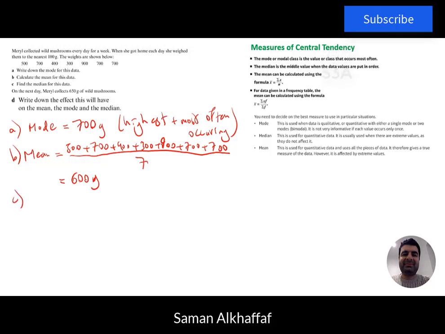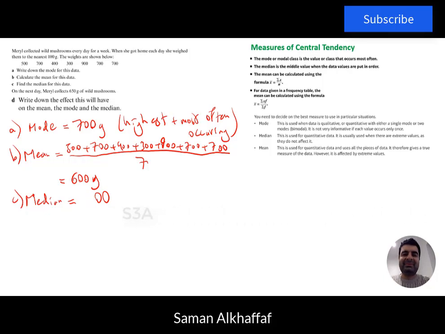For part C, we're asked to find the median for this data.